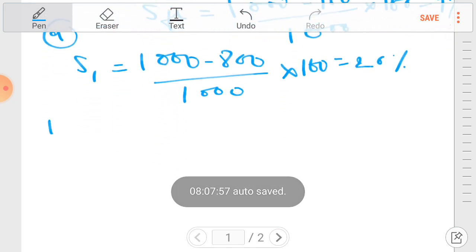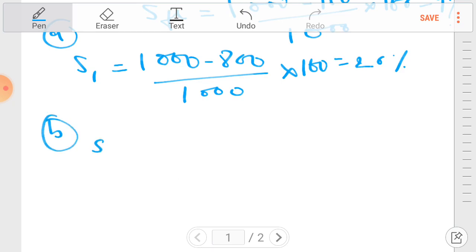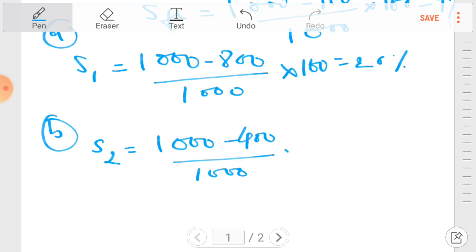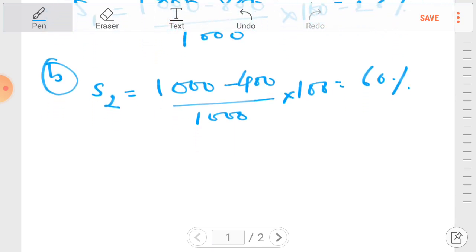From option B, slip S2 is (1000 minus 400) divided by 1000 into 100, which is 60%. Then he wants to find the ohmic loss ratio relative to the full load.